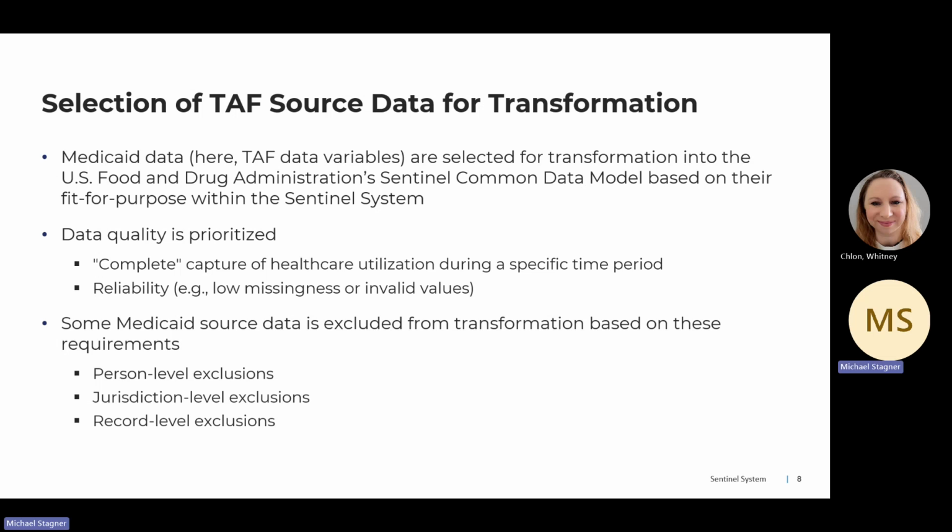So for selecting the source data, the idea is to determine the data quality before any data is even read into the transformation code. For Medicaid data, the data quality is prioritized by making sure that there's complete capture for a beneficiary.